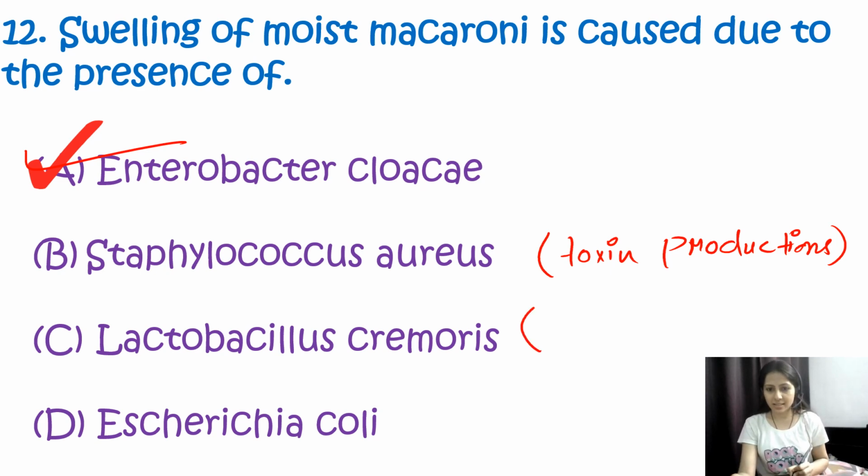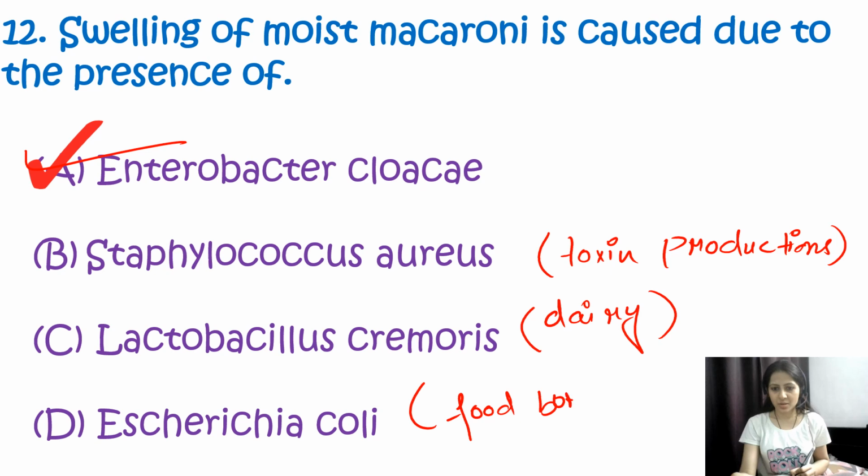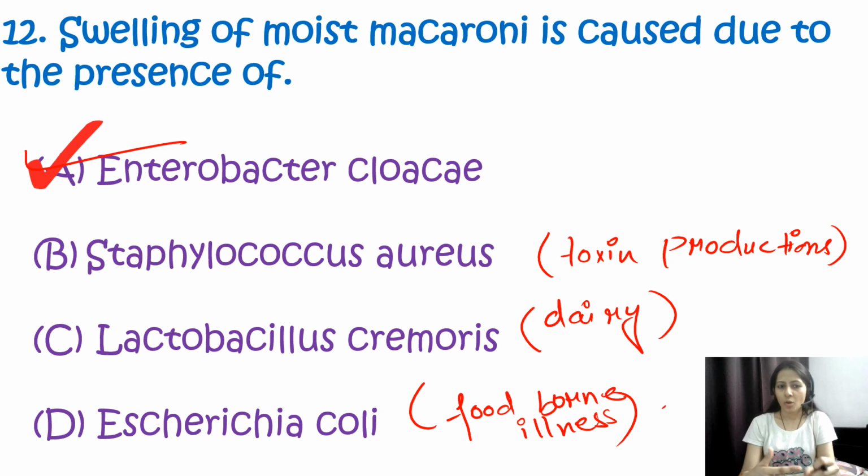Since Lactobacillus, we are getting the name, it is used in dairy fermentation cases. And Escherichia coli, that is E. coli, can cause foodborne illness, and it is not typically related to swelling. So over here, my correct answer should be option A.